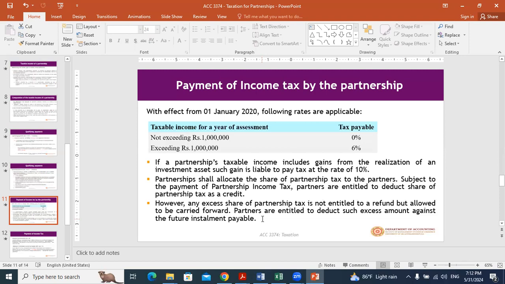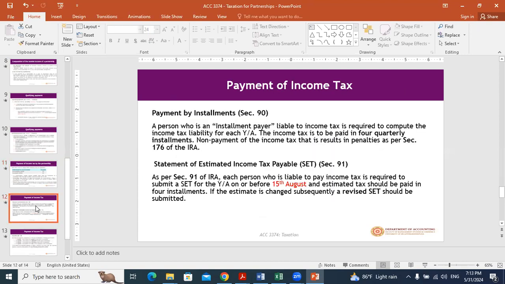But when Mr. A works out his individual income tax computation, let's say there is a tax refund because of this credit. This refund cannot be claimed by Mr. A in cash from the Inland Revenue Department, but he can carry it forward to the next year of assessment.